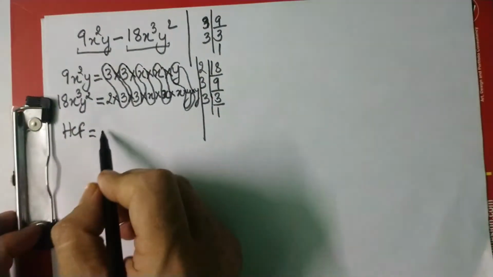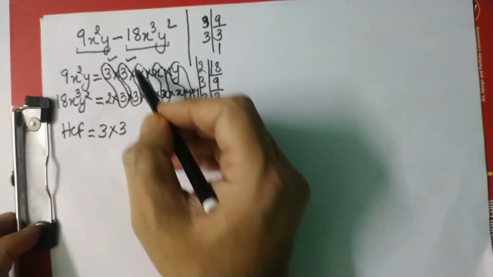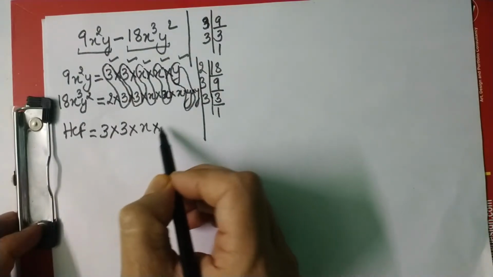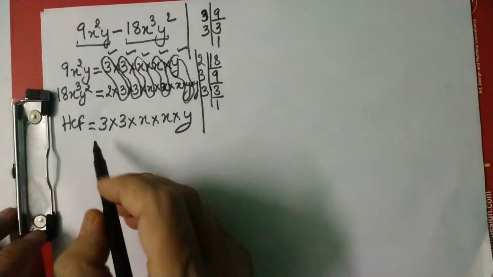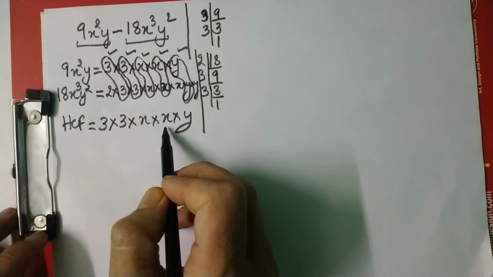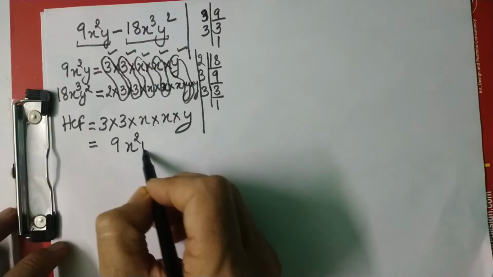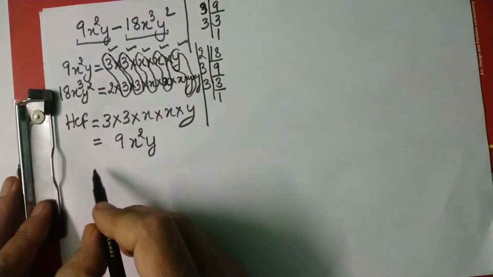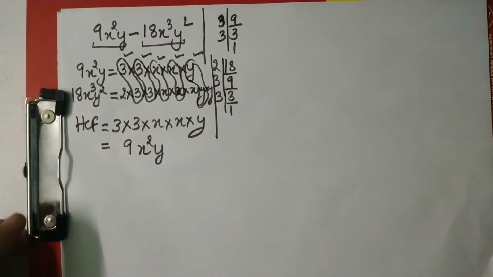So the common factors are 3 into 3 into x into x into y. So the HCF becomes 9x square y, which is the common factor. This is the first part of factorization.